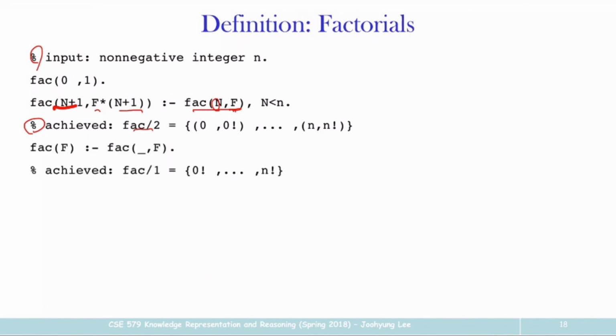Now you can use the projection idea. I don't want to know this binary predicate. I only want the n plus 1 factorial, so I can project this one into this. Note here that we use the same name fact for both unary and binary, and Clingo allows that.